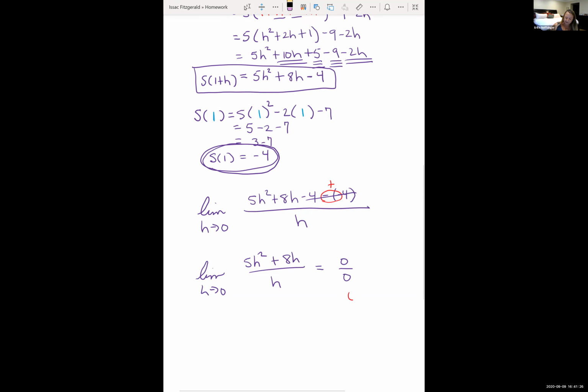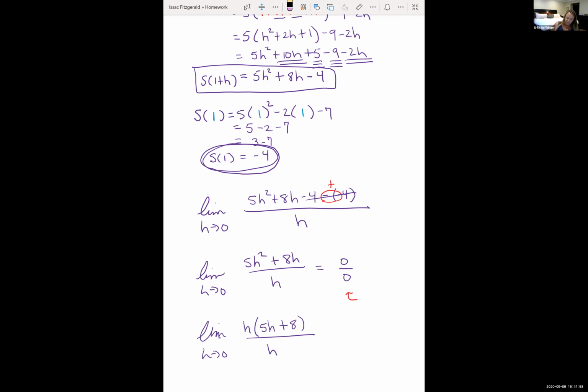So if we get the 0 over 0, that's going to tell me that there's usually a factor in common. And so one way we can do that, and we will have factors if it's a polynomial, we can factor out an h in our numerator. They both have an h in common. So if we pull out an h from 5h squared, we're left with 5h plus, and if we pull out an h from 8h, we're left with just 8 all over h.